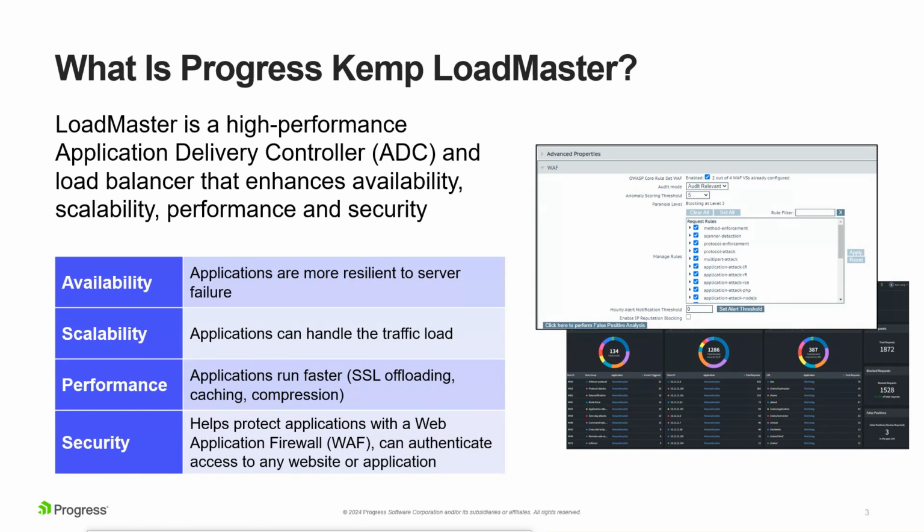And then, of course, security, which is the topic of today's discussion around WAF. But there are other capabilities such as pre-authentication, and some zero trust configurations that can be applied to the LoadMaster to provide a layered security approach to help protect published applications.